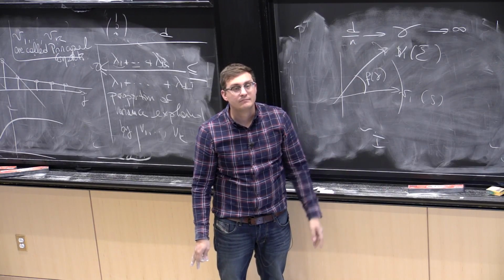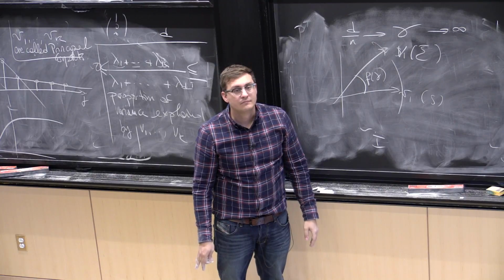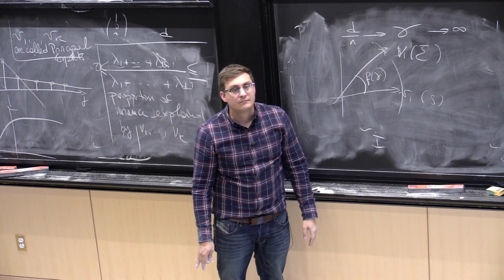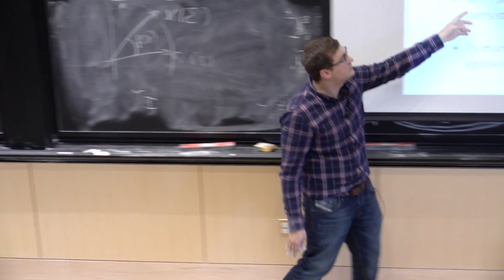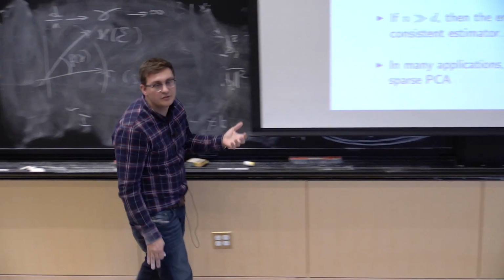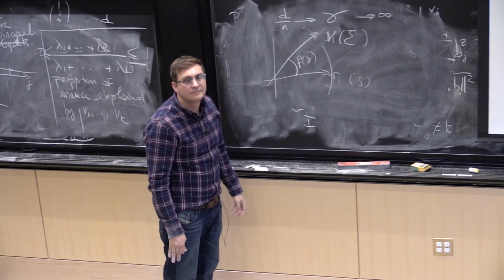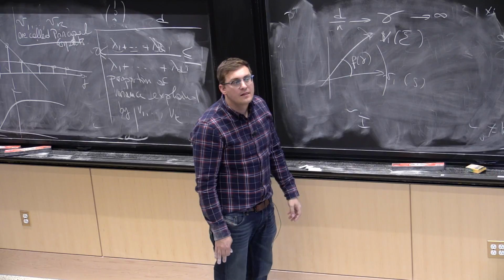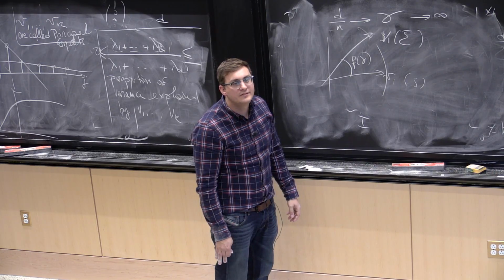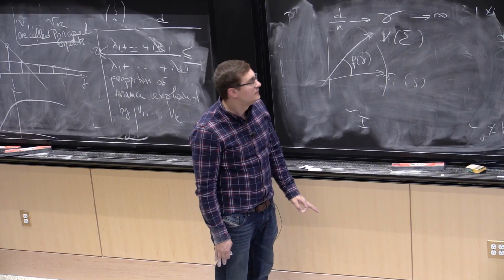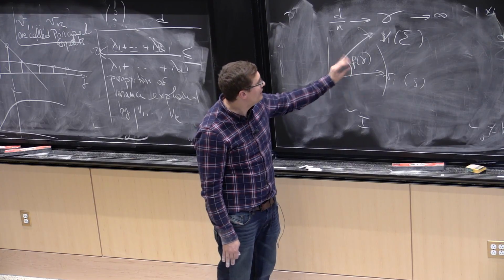Yeah? If D is not on the order of n, so if gamma is 0, is there still an angle? Right, that's the consistency. The angle is a function of gamma. D is not a constant, but not on the order of n either. So if D is little o of n, then gamma goes to 0, and f of gamma goes to 0.